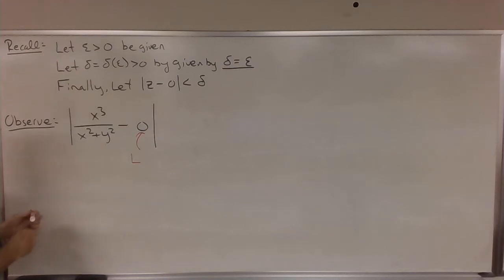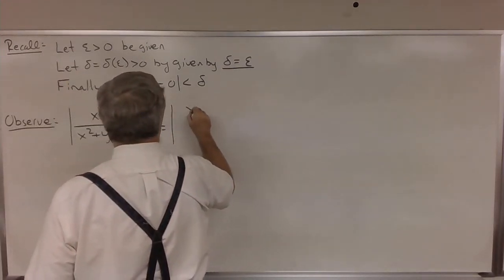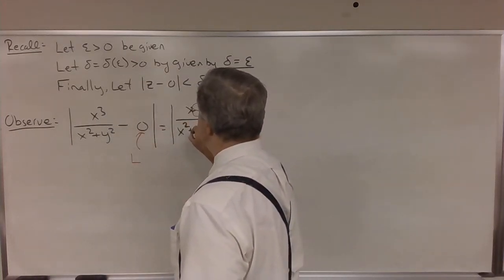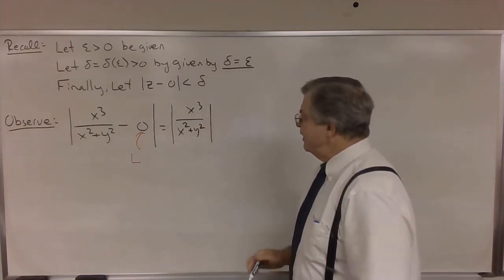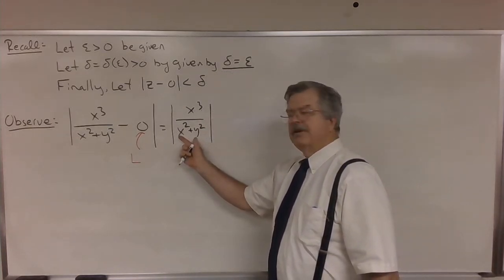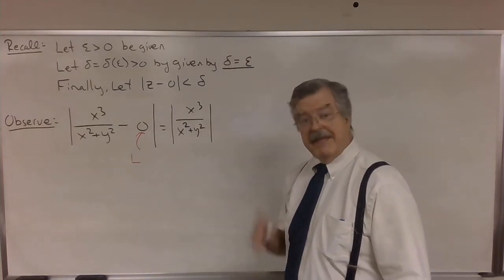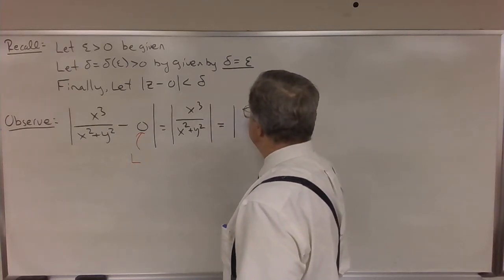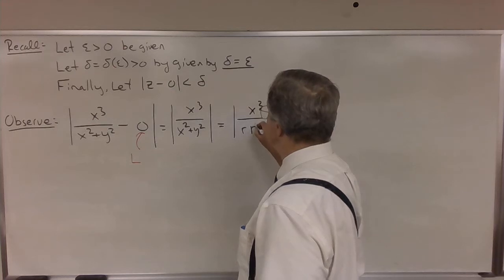And we can tidy this up a little bit. This is the modulus of x cubed over x squared plus y squared. And remember in the scratch work, we looked at x squared plus y squared, and we said, that looks familiar. That's r squared. Okay. So modulus of x cubed over r squared.